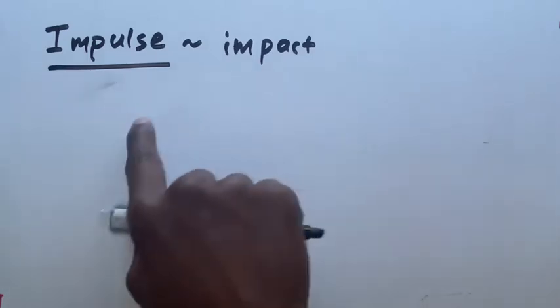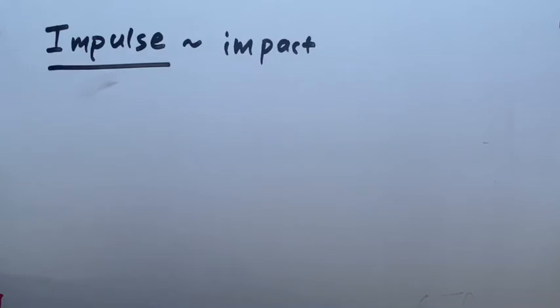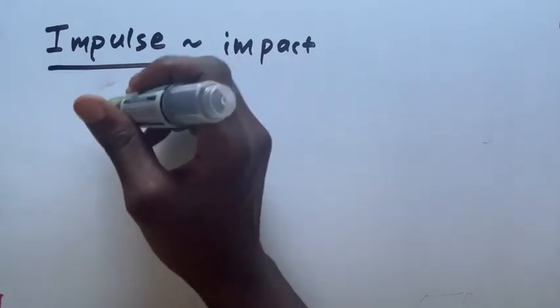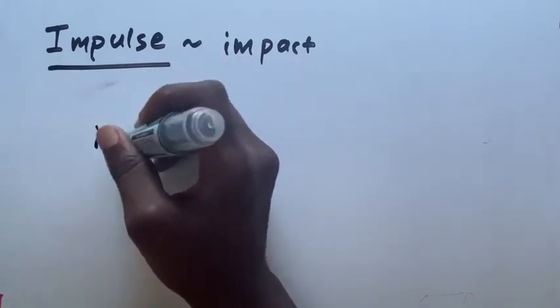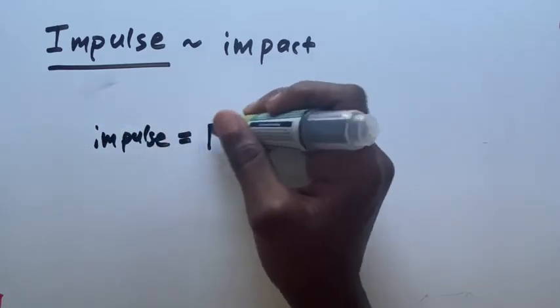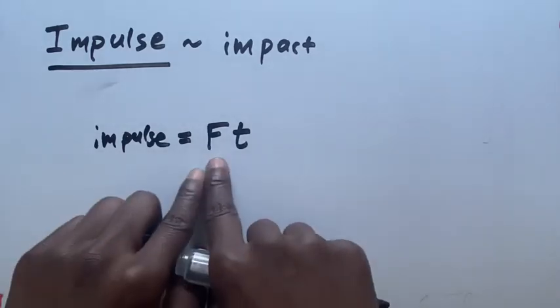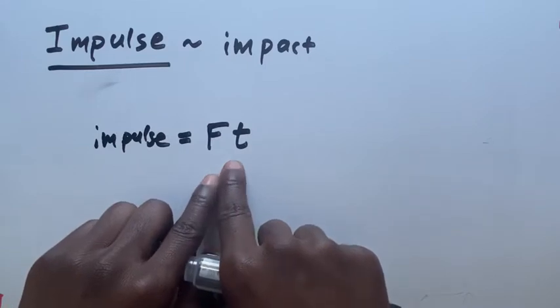These two words are kind of synonymous. Whenever you think of impulse, you can basically think of how much something is impacted. And the equation for impulse is that impulse is basically equal to force times time. So the amount of force applied to something in some given time.